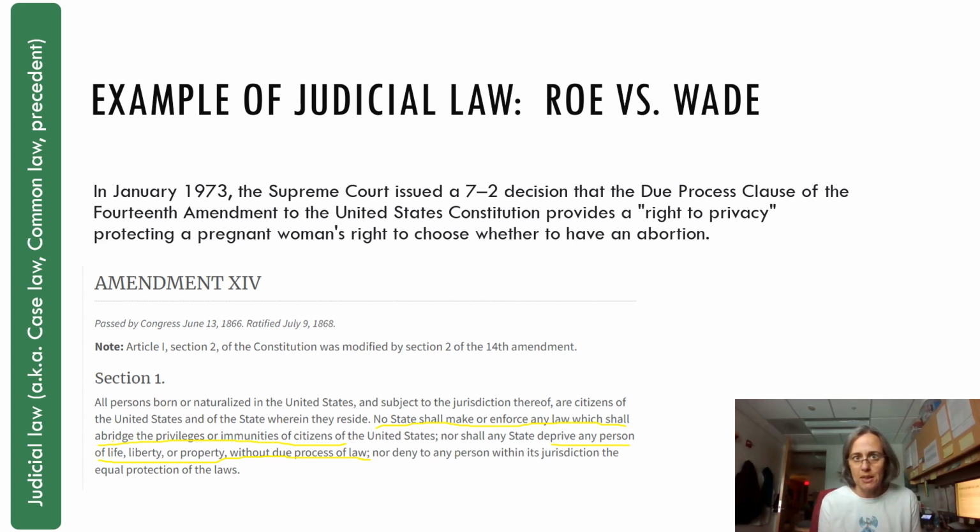The government has no business telling you what to do. But it doesn't specifically say you have the right to an abortion, or that you have the right to marry whom you choose. So those are unenumerated rights. We have applied this philosophy to things that we think make sense.